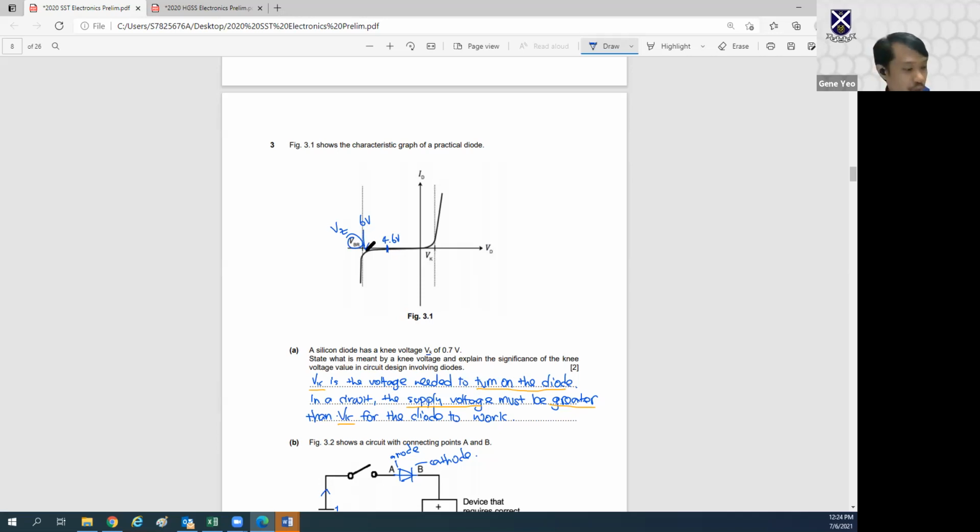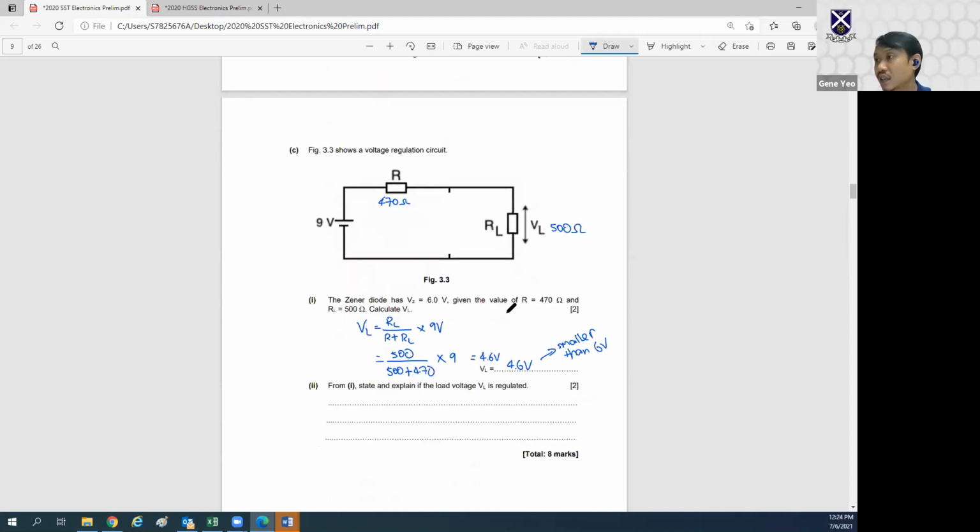So if it's anywhere below the 6 volts, the Zener diode is not going to work. That's what it means. So we can't assume that this answer is a straight up 6 volts.